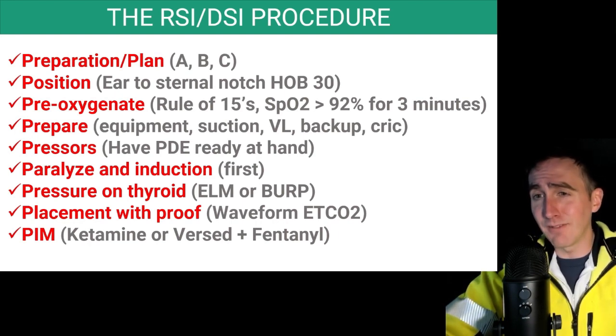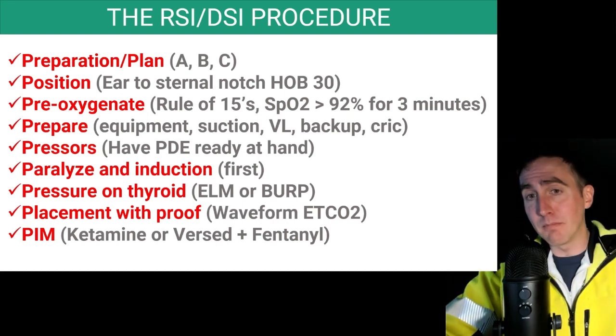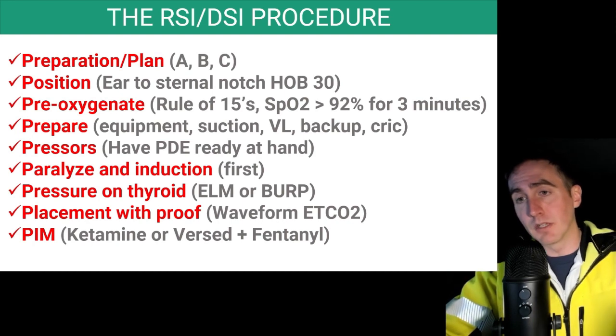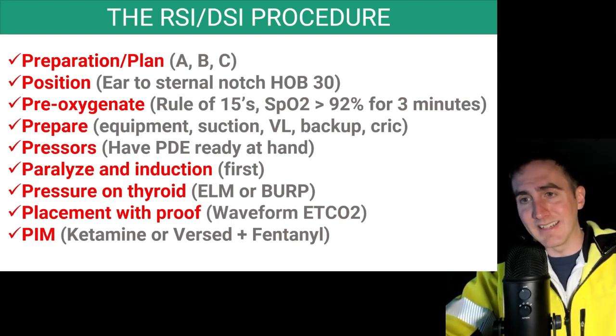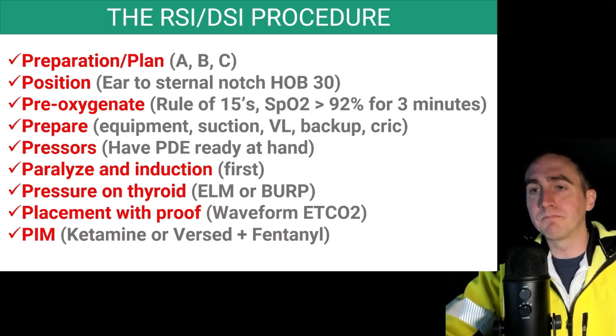You can use a hand heavy, you can use your phone, you can use your watch, but you've got to have a timer, and whoever is timing that needs to let everyone know when they are at that 3-minute period for adequate pre-oxygenation and denitrogenation. Now, what happens if the SpO2 falls below 92%? Well, you bring it back up and you start the 3-minute period over.